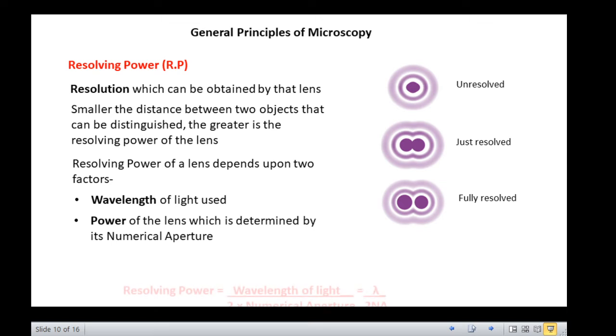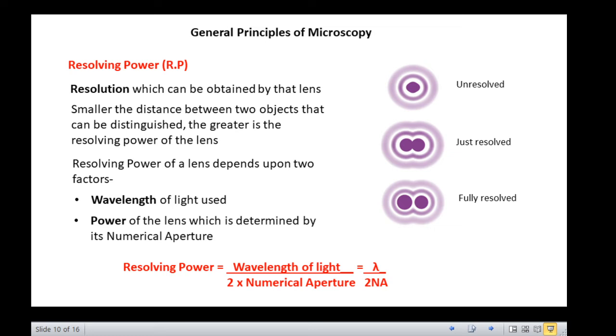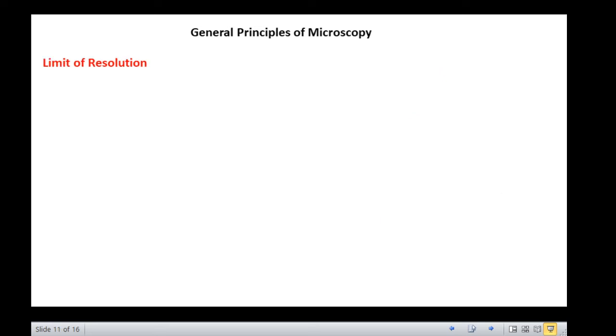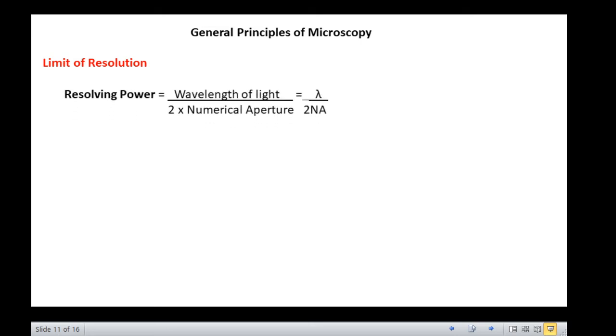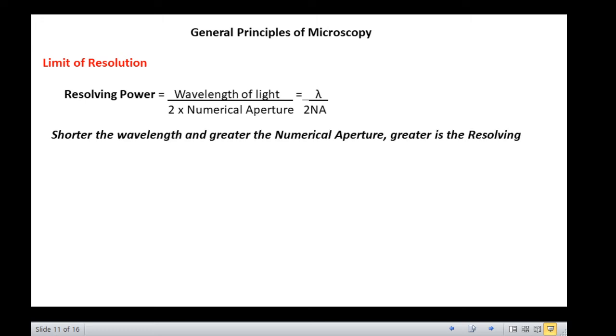Resolving power can be calculated by the formula wavelength of light upon 2 into numerical aperture, that is lambda upon twice NA. From the formula, we can understand that shorter the wavelength, greater the numerical aperture, greater is the resolving power.